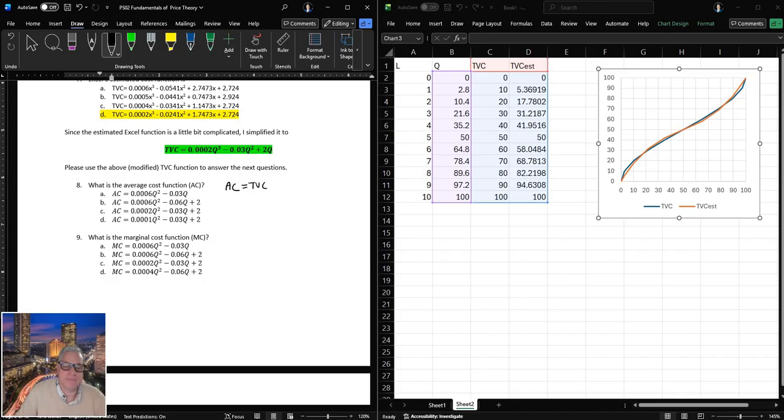We don't have fixed cost, over Q, so that would be 0.002 Q squared minus 0.03 Q plus 2. Okay, 0.002 Q squared minus 0.03 Q plus 2, so it looks like C.